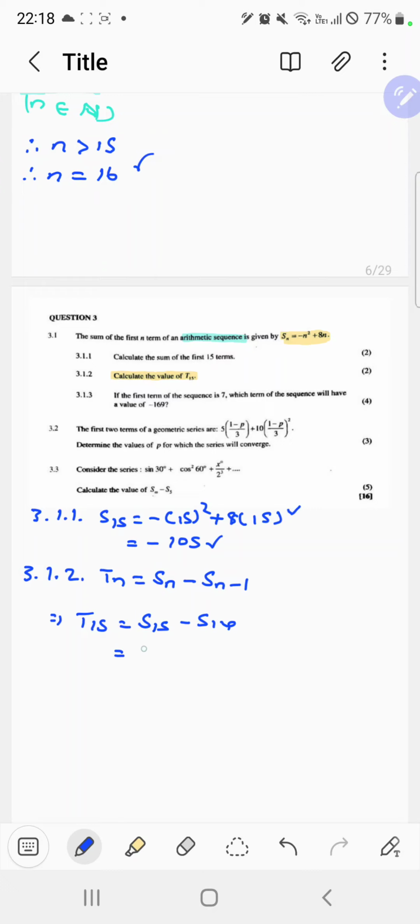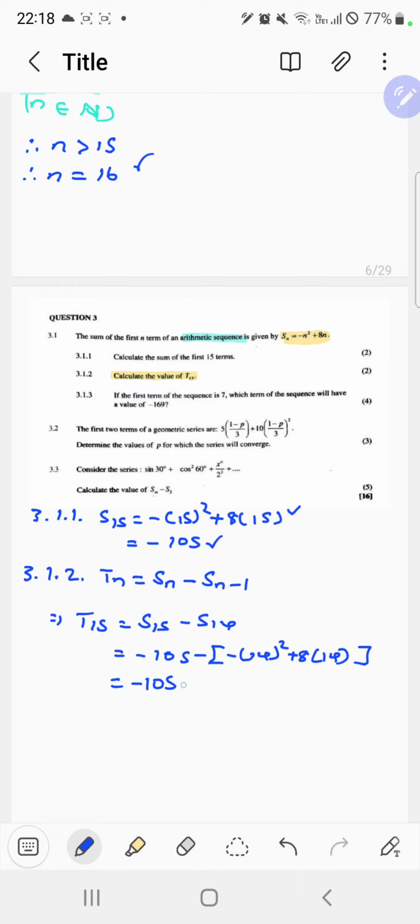S15, already sorted above, is minus 105, minus, and let's put a big bracket here because we're going to have to substitute there. It's going to be minus 14 squared plus 8 into 14. Then we close this, and then of course I can just pull it at a go. So let's sort this one out.